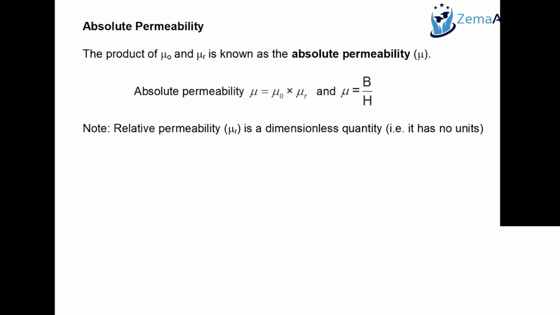Any machine, motors, generators, transformers, you name it. Anything that uses coils would have these problems, and you can explain these problems by knowing the terminologies of the magnetic circuits.